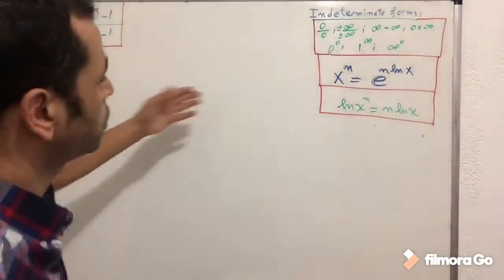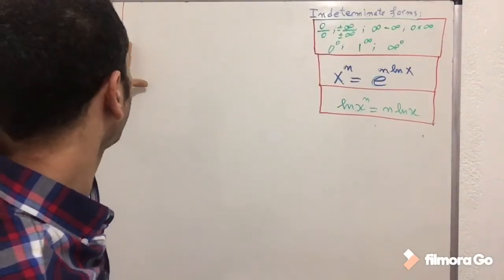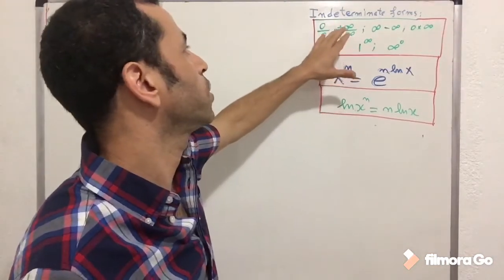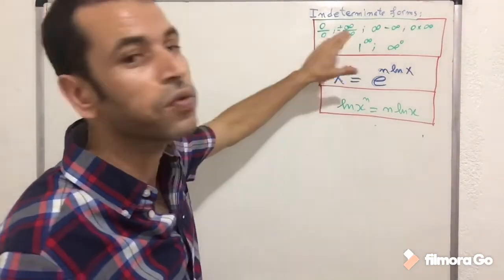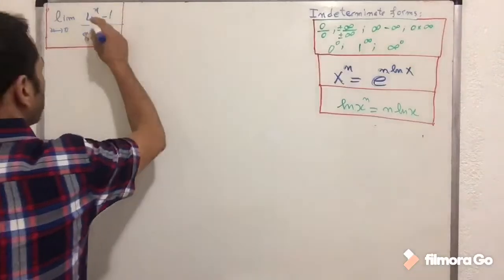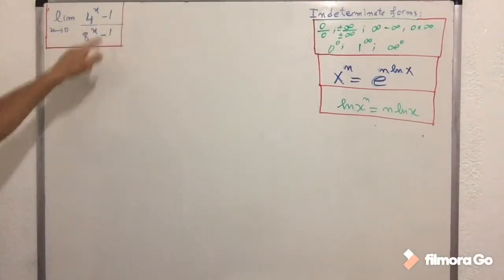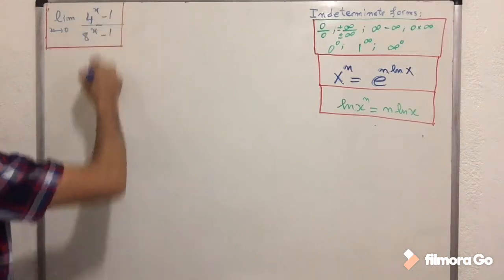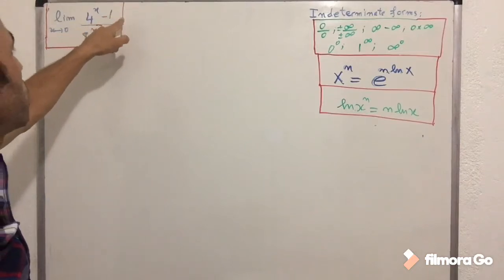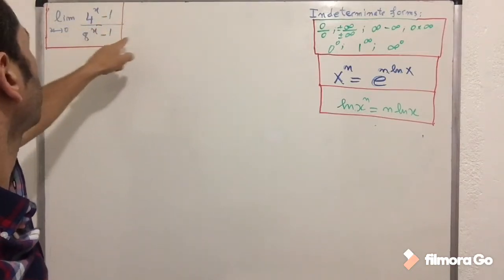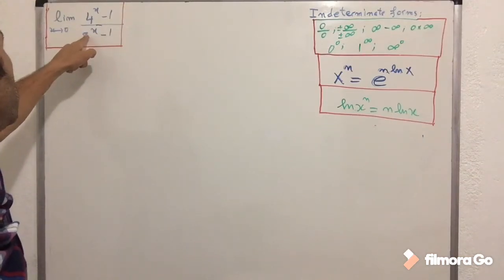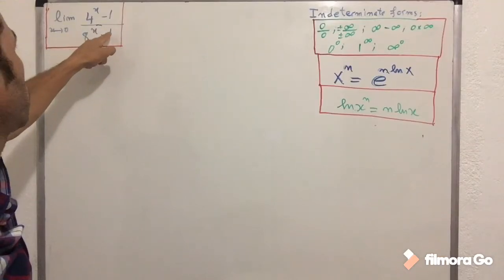First thing we should do, we try our limit by plugging 0 into x to see if we find an indeterminate form. If you plug 0 into this fraction, the numerator is 4 to the 0, which is 1, minus 1 equals 0, and the denominator is 8 to the 0, which is 1, minus 1 is 0.